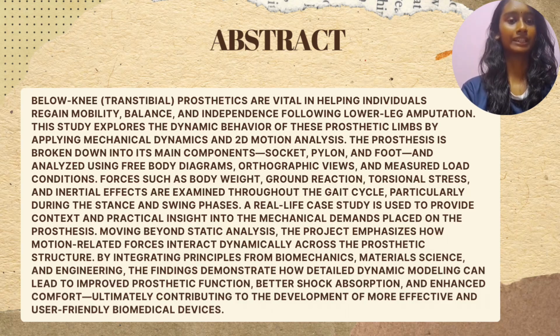We focus on key forces like body weight, ground reaction, torsional stress, and inertial effects, especially during the stance and swing phases of walking. A real-life case study helps us understand how these forces interact with the prosthesis in actual movement.